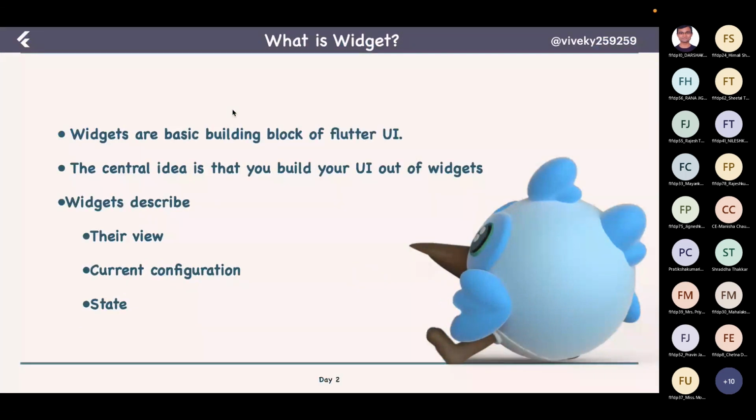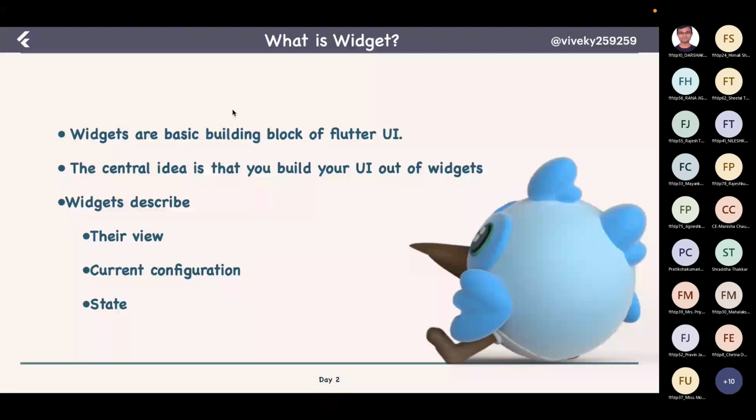The central idea is that you can build your complete UI out of widgets. If you are familiar with the basic concept of widgets, you can build a complete application. If you're not familiar with widgets, you might find some difficulty in building your UI.